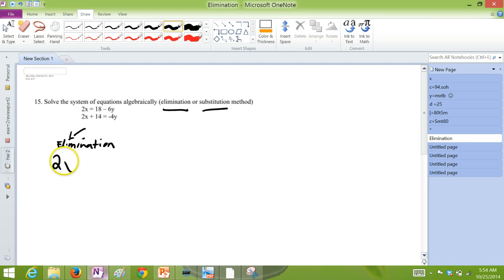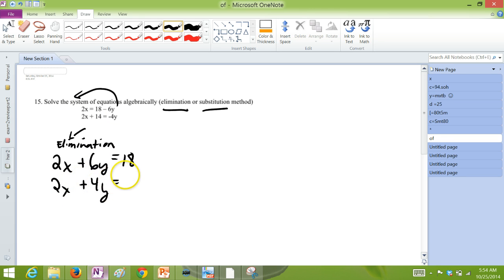where we have 2x plus 6y equals 18, shipping the 6y over, and 2x plus 4y equals 14, shipping the 4y over.